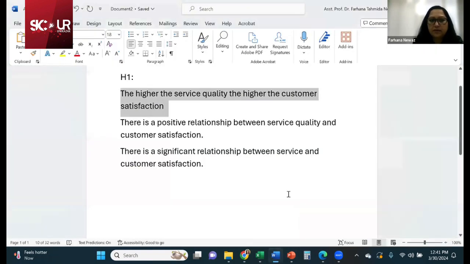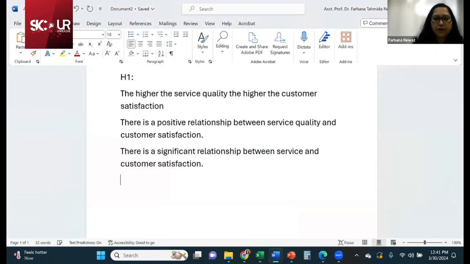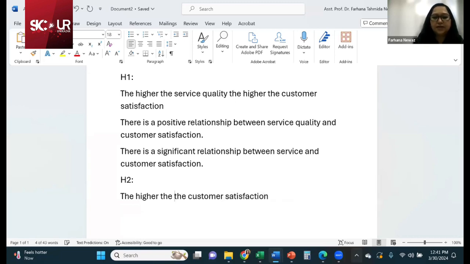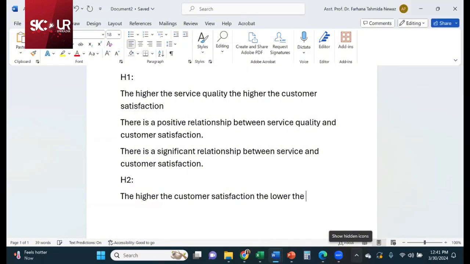Hypothesis 2 will be H2: the higher the customer satisfaction, the lower the customer switching.